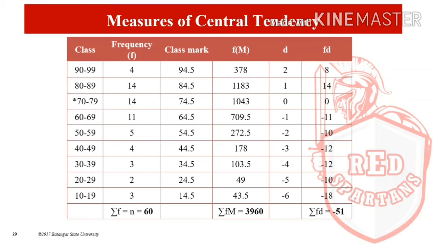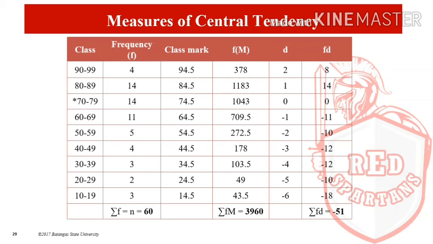So, parang hahanapin natin yung cumulative. Saan ba papasok si 30? So, umpisahan natin kay 10 to 19. Hindi tayo pwedeng magsimula kay 90 to 99. So, sa 10 to 19, may frequency na 3. So, kunin natin yung cumulative pataas. So, 3 plus 2, 5. Plus 3, 8. Plus 4, 12. Plus 5, 17.